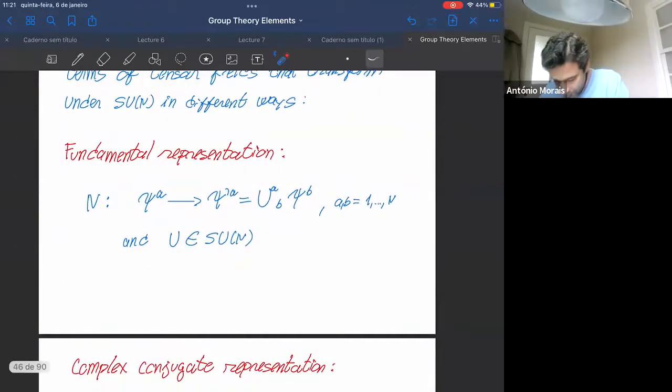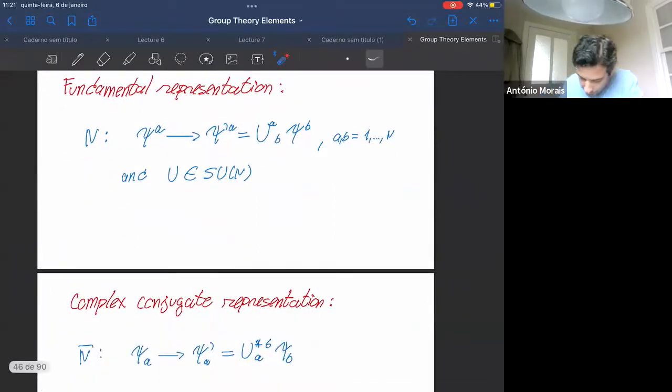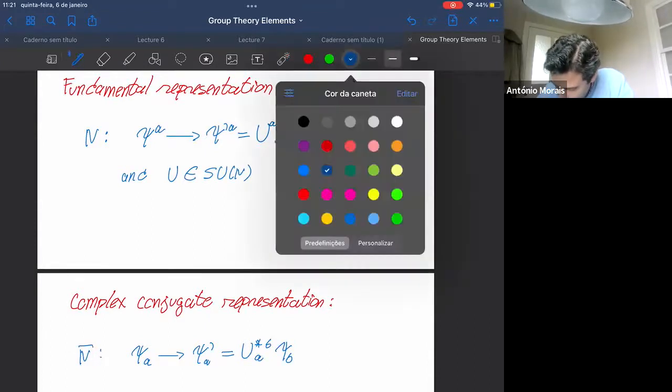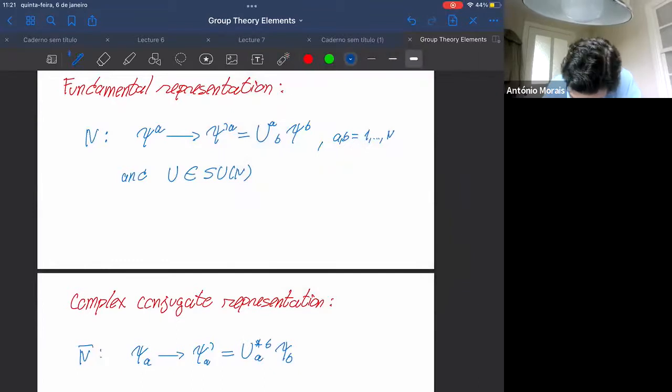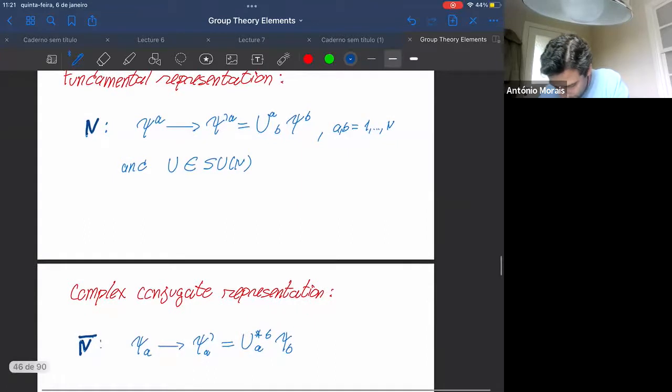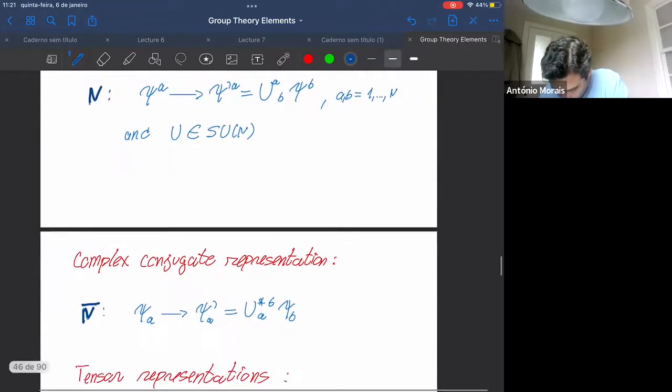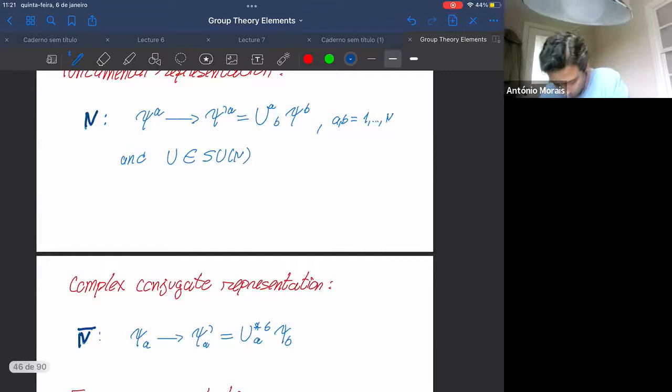Now the complex conjugate representation, or the anti-fundamental representation, we typically define with n bar, as I have already mentioned above. Let me be a little more precise and use boldface notation, which is how it's usually represented. The complex conjugate representation transforms in a complex conjugated way.